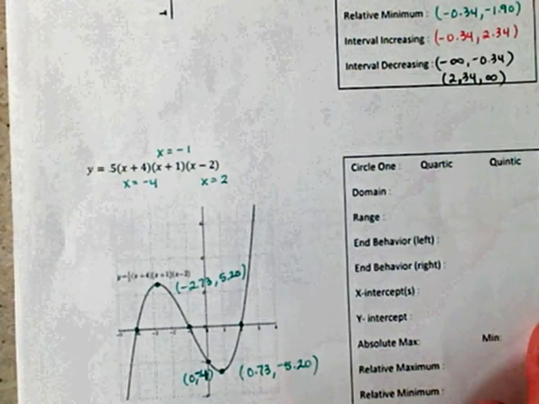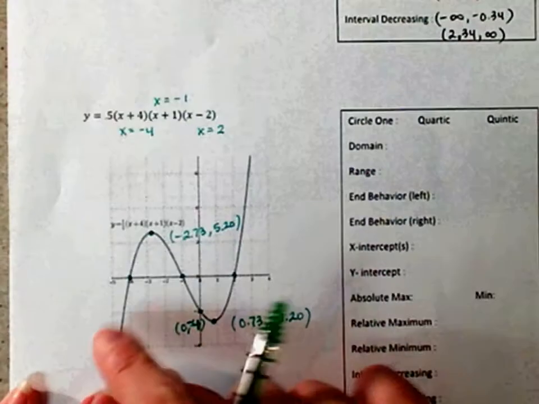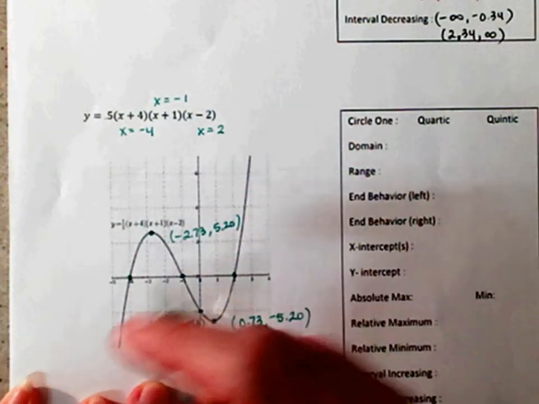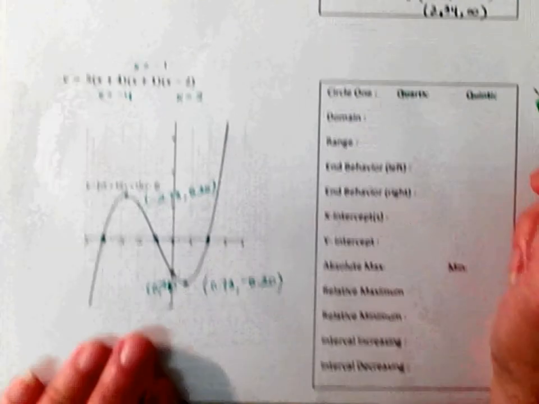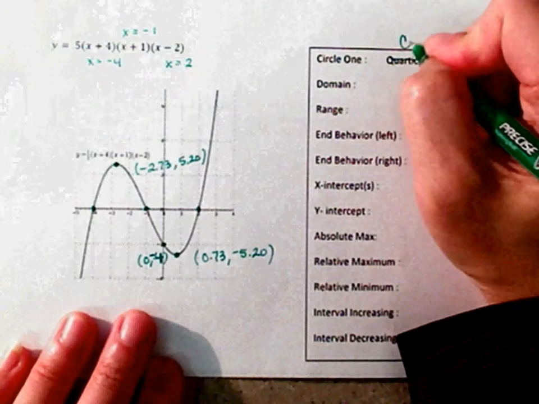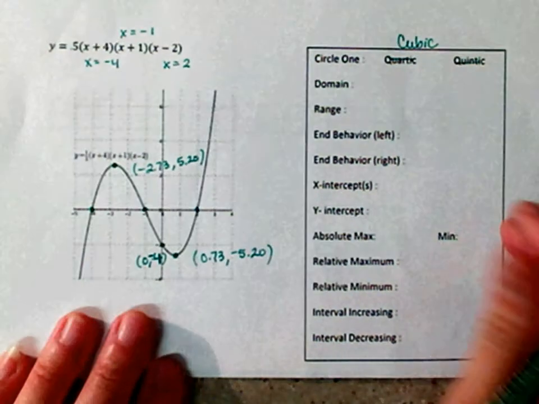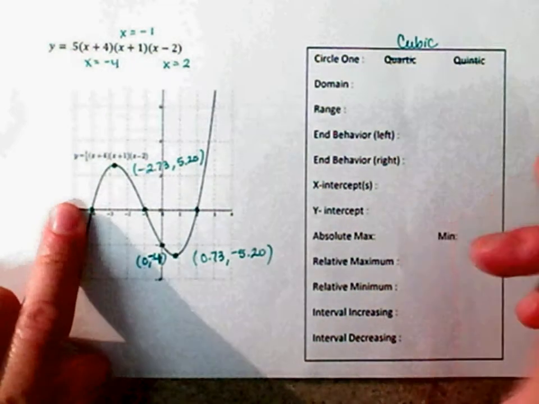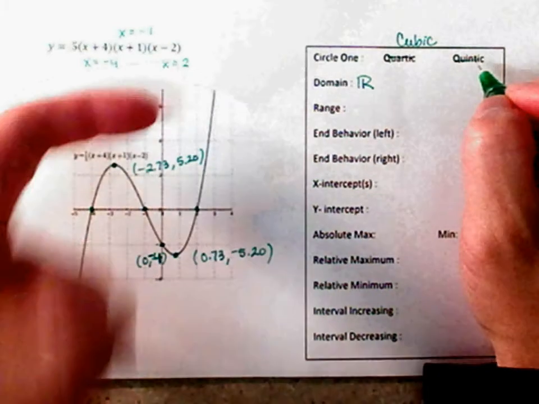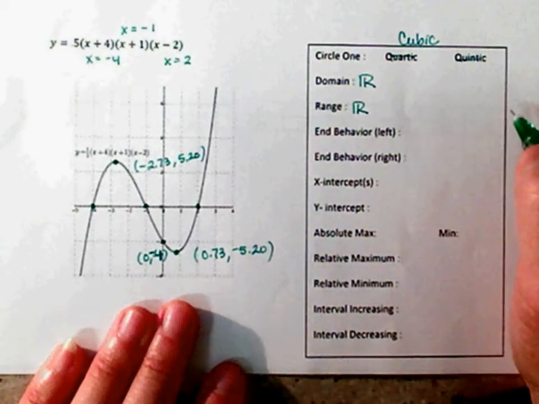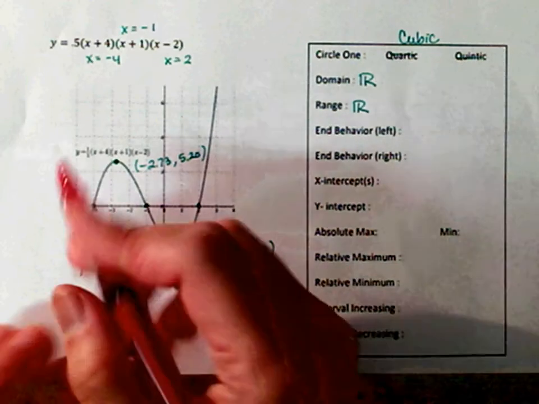Now let's take a look. 1, 2, 3. Count your x's. 1, 2, 3. It's neither a quartic or a quintic. This one is actually a cubic, okay? Your domain, far left to far right, all real numbers. Your range, low to high, all real numbers. Your end behavior, we're going to talk about this one right here.